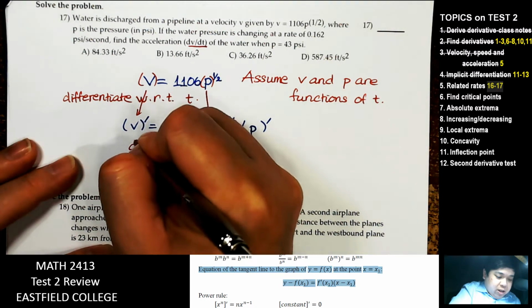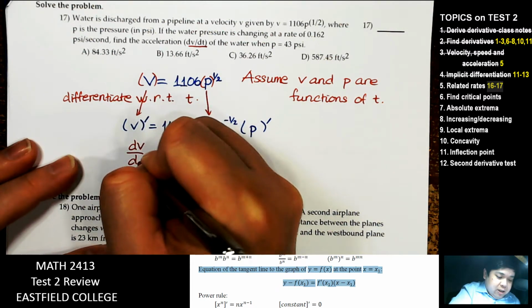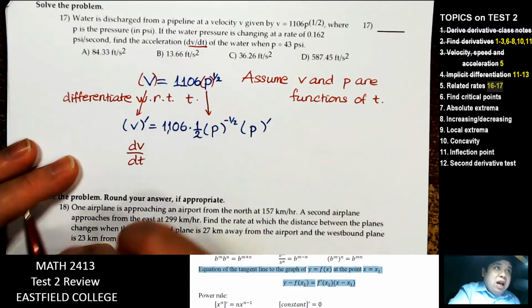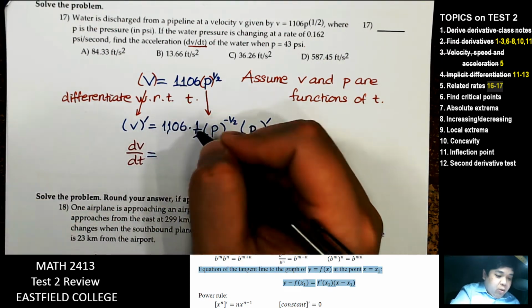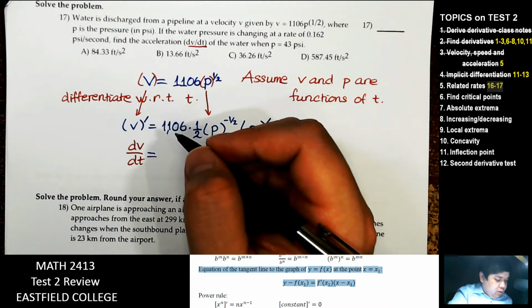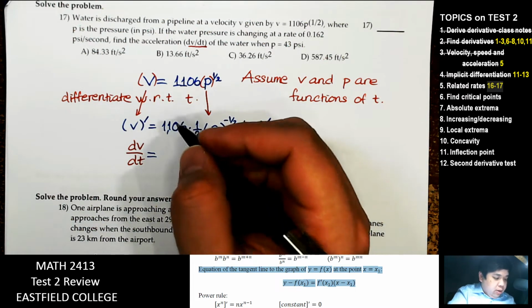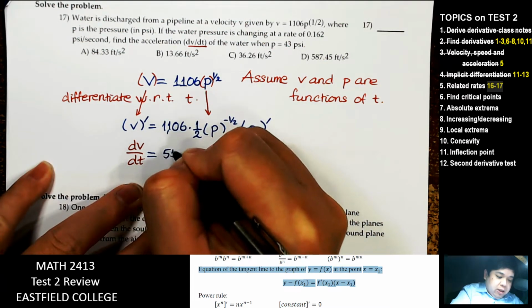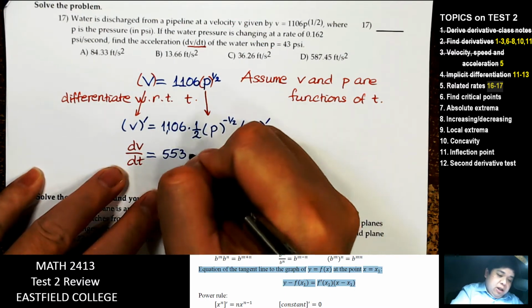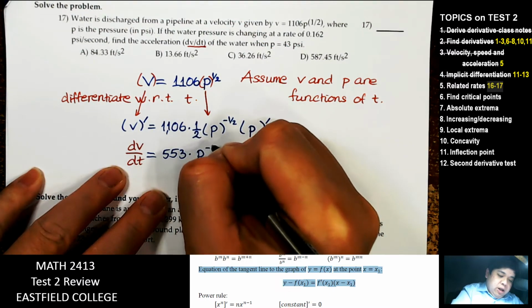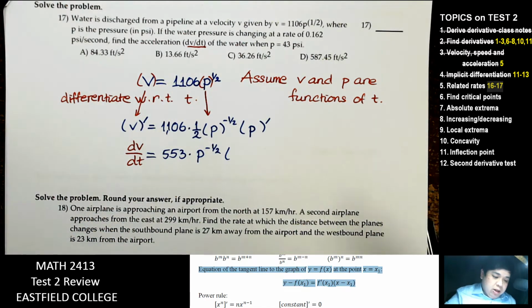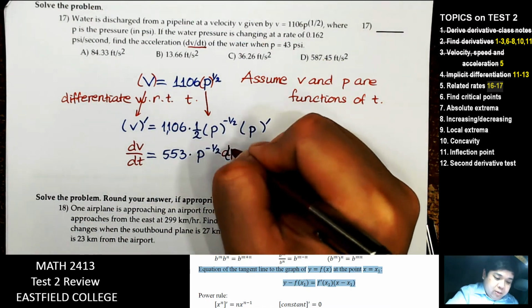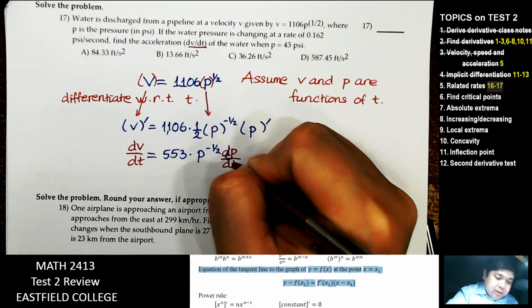So this we write dv over dt. By the way, that's what the question asks us to find, so it's perfectly there. 1106 divided by 2 is 553, and then p to the negative 1/2, and then p prime, that will be dp over dt.